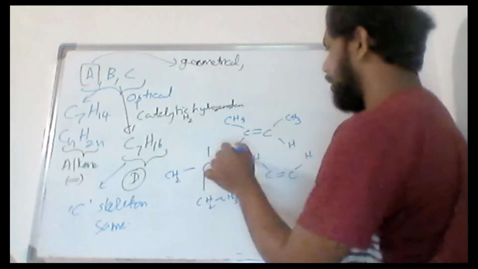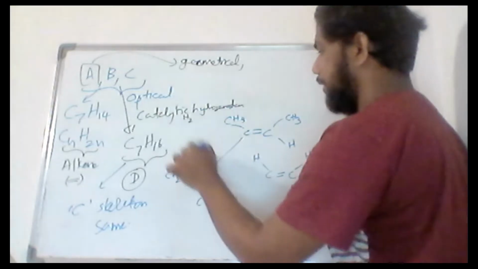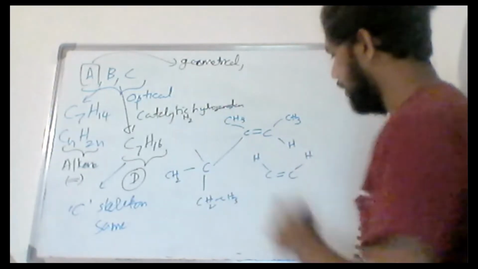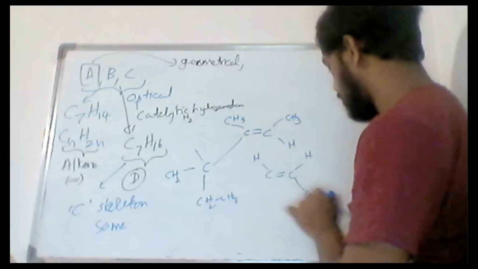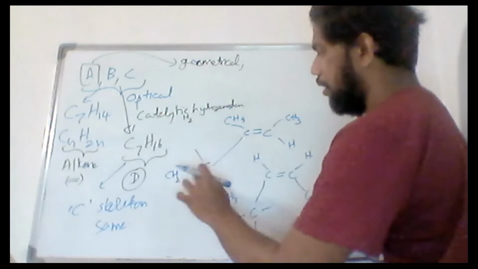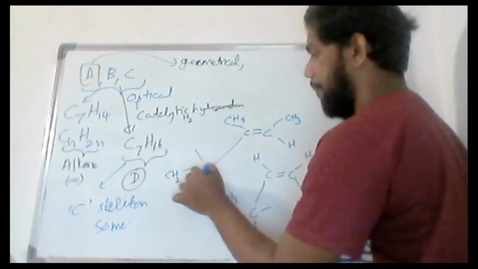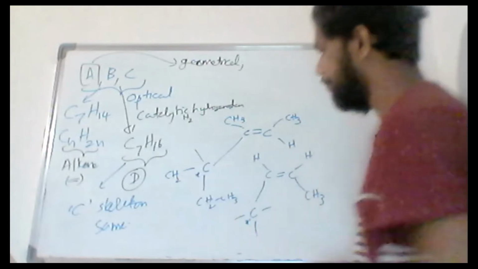So here it should be hydrogen, and this should be connected to this one. And here it should be a CH3 group, and this should be connected to another carbon where the skeleton is optically active. This should be a star carbon.